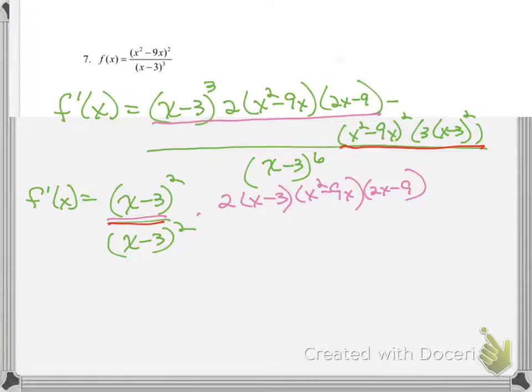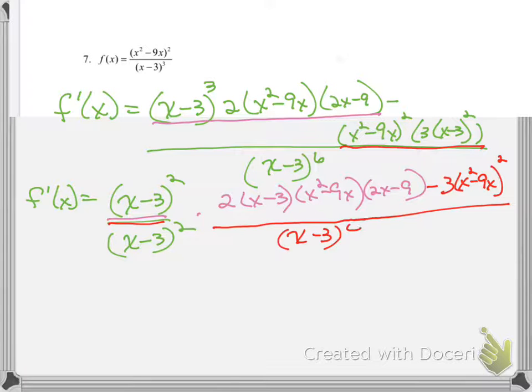So that's going to be minus, and I'm going to have no more of those, so I could probably fit it up here, so let me put it over here, minus 3 times x squared minus 9x squared, and then I'm going to make that all over x minus 3 to the 4th.